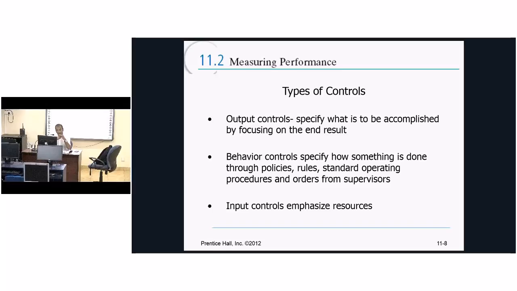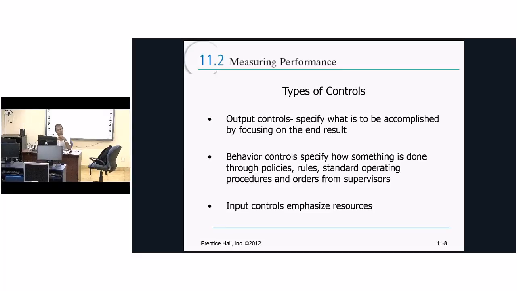Sometimes you have policies and rules. For example, one policy is that if you want to apply for leave, you need to inform 2 days in advance. That's a rule as well as a policy. Why? If you don't do that, all of a sudden the absenteeism will go up and people will not turn up to work, so your production schedule will go for a toss.